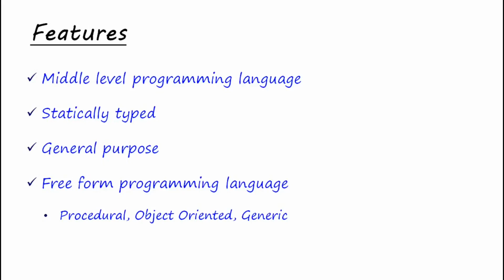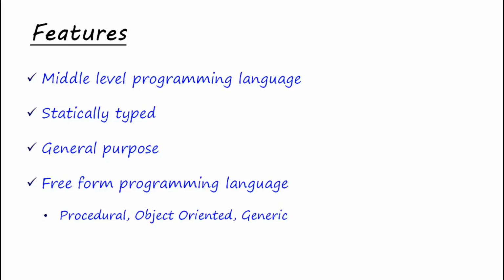Object oriented programming is when you focus more on objects rather than process. We will be discussing object oriented programming in some detail later. Generic programming is again related to general.